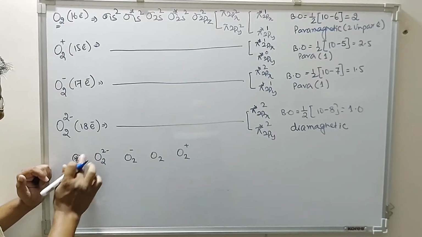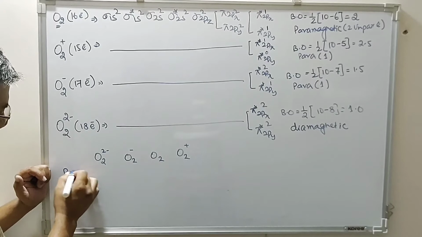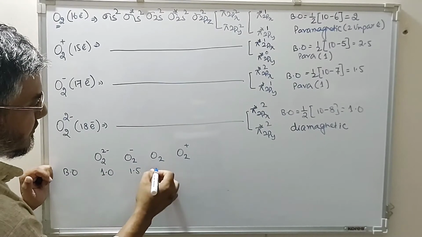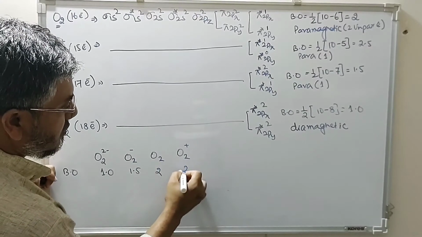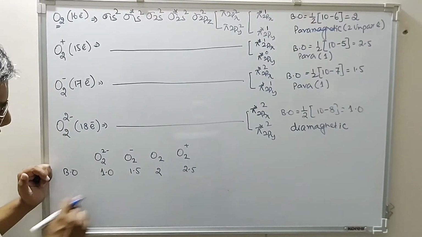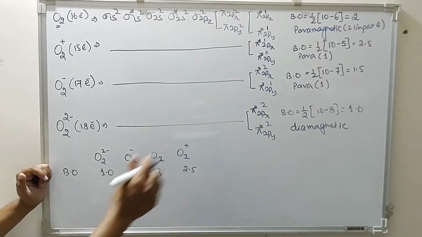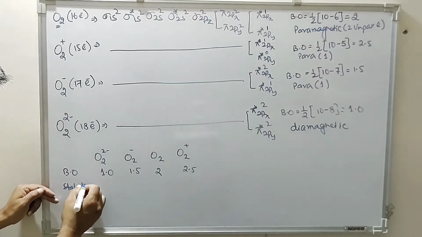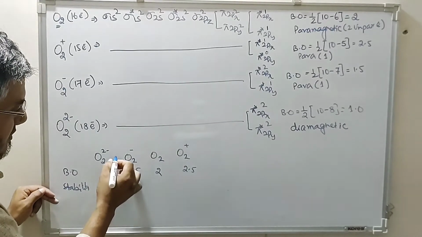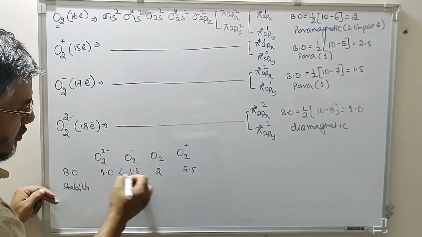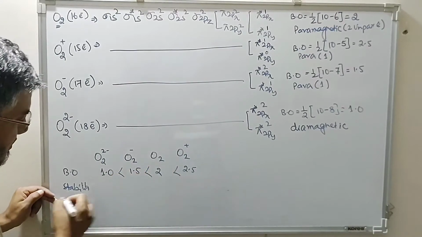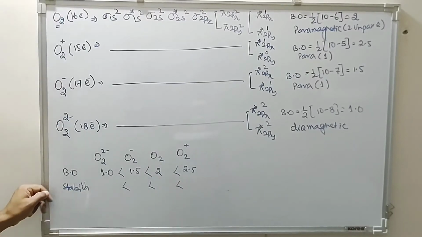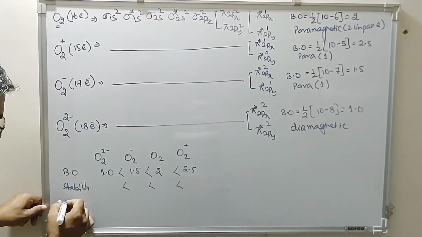The bond order goes from 1, 1.5, 2 to 2.5. So in increasing bond order, stability decreases in the reverse direction. As the bond order increases, stability also increases. Bond strength.